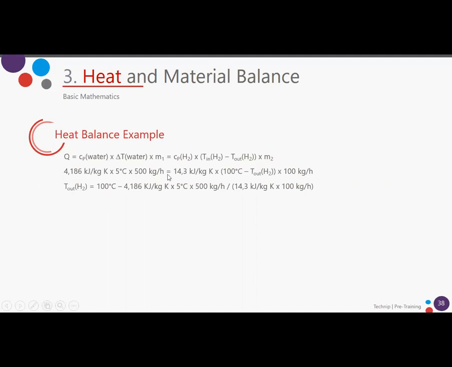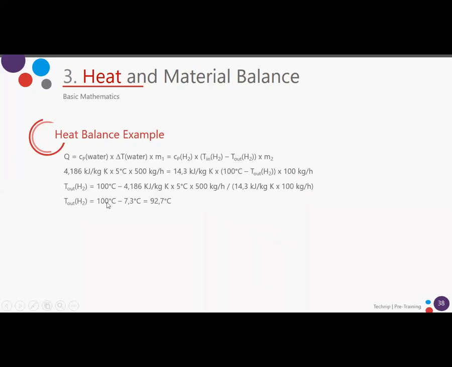we change the formula in order to have the outlet temperature of hydrogen at the end, which we can say is 100 Celsius minus 4.186 kilojoule per kilogram multiplied by 5 Celsius, which is the temperature difference of water inlet and outlet, multiplied by the mass flow of water, divided by the heat capacity of hydrogen, divided by the mass of hydrogen.